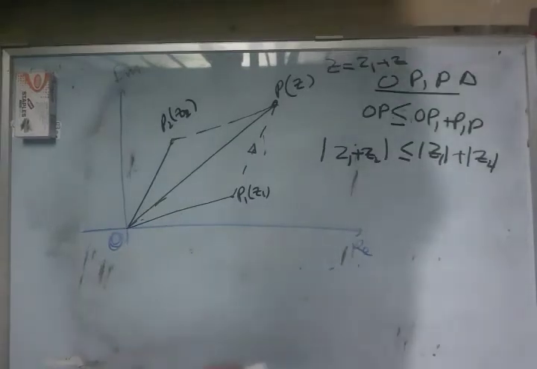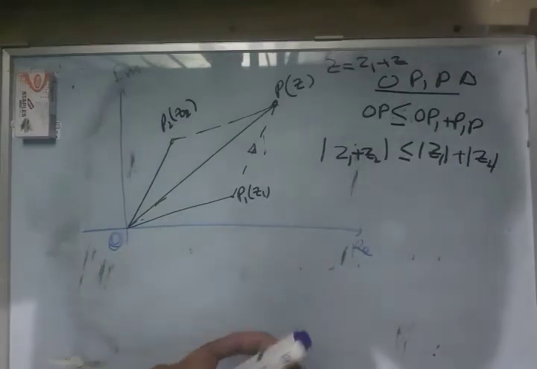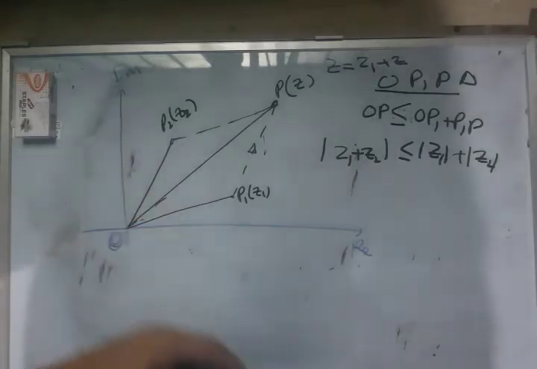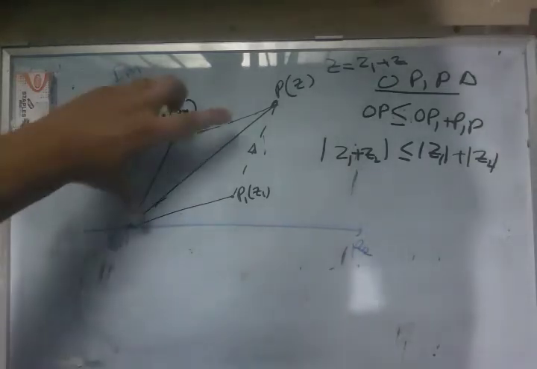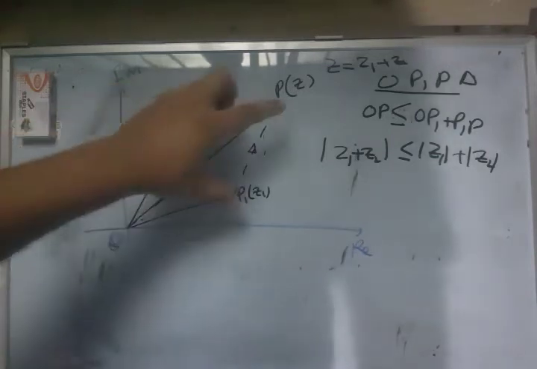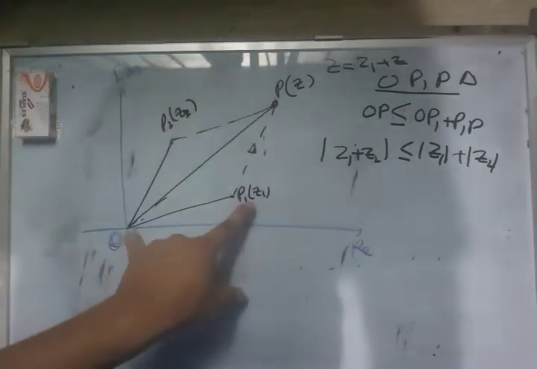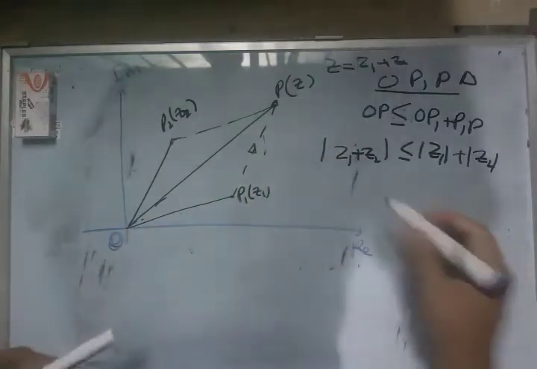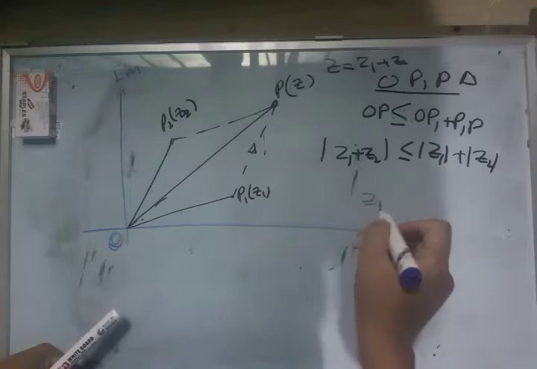For this next property, I'm going to use the same triangles, either this one or this one. Earlier we saw that this side is less than or equal to the sum of these two sides. So I can represent this side using the same inequality. Let's say z1.